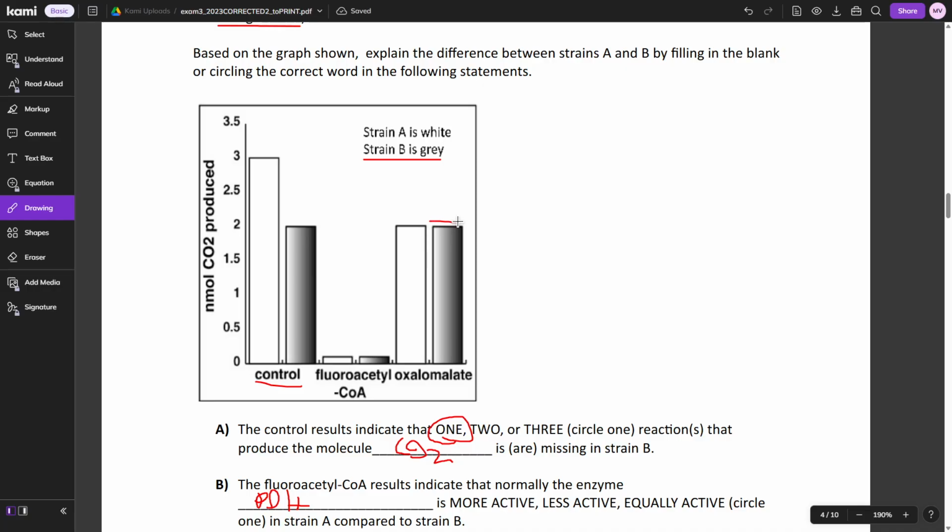But in strain B, we have the exact same level in the control and the oxalomalate. So what that means is, because the oxalomalate condition has the same CO2 as the control, and with oxalomalate we inhibit alpha-ketoglutarate dehydrogenase, the enzyme that is missing in strain B is alpha-ketoglutarate dehydrogenase.